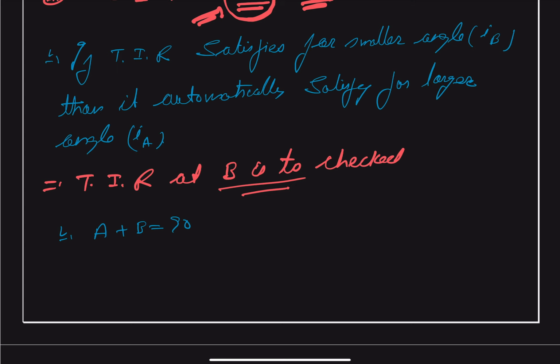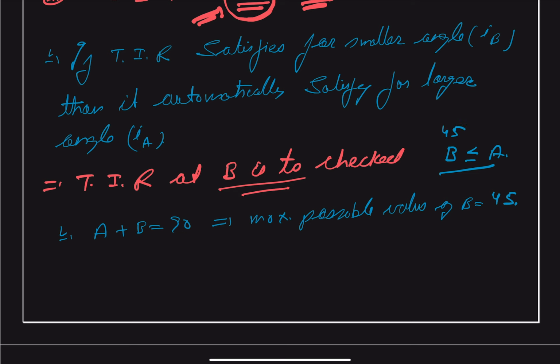Okay, and the maximum possible value of B is 45, because we have to take care of the condition that B is less than or equal to A. So the maximum possible value that angle B can hold is 45.